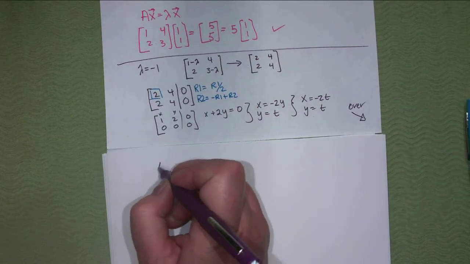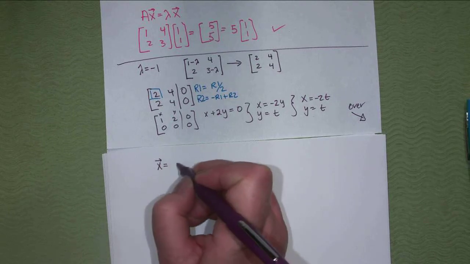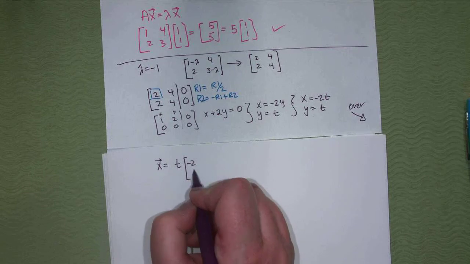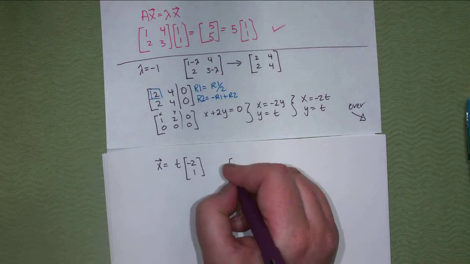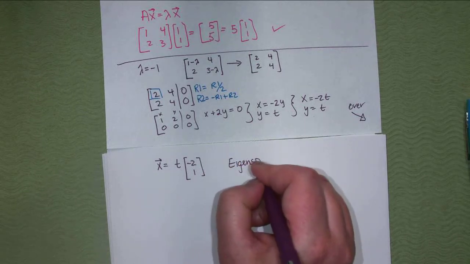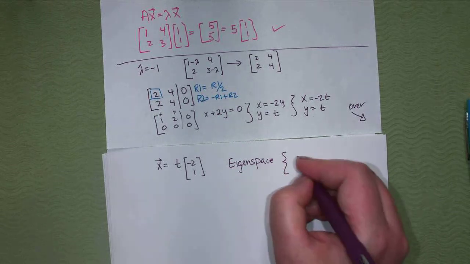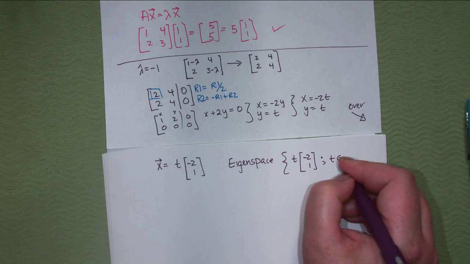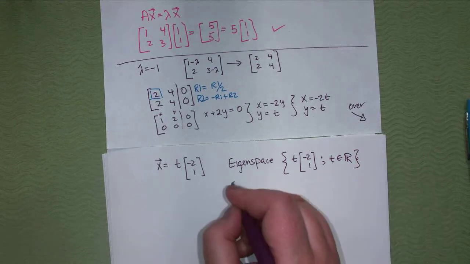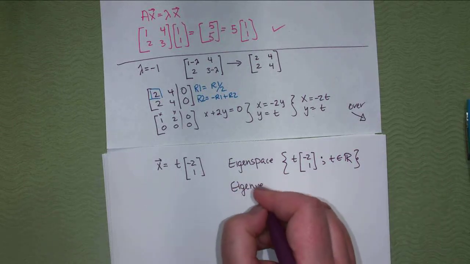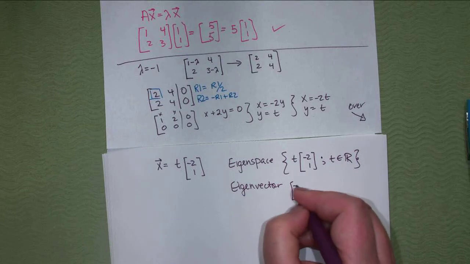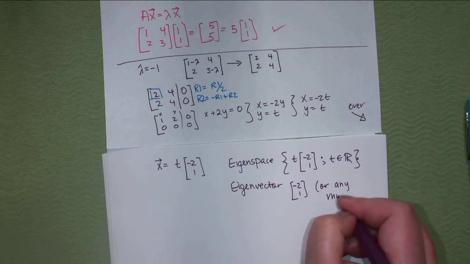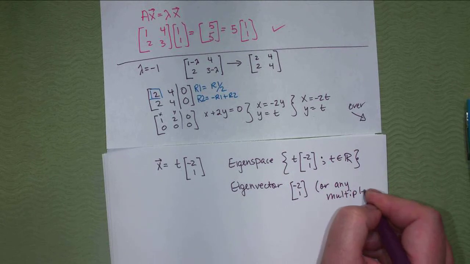So our eigenspace, factor out the t, minus 2 and 1. And an eigenvector, or any multiple of that.